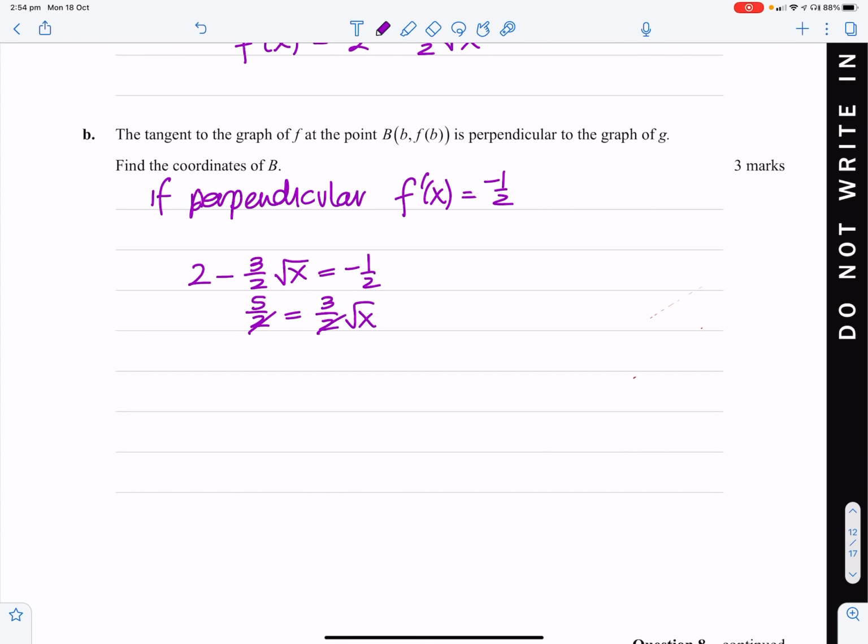We can cancel the 2's. Root x is equal to 5 on 3. So x is equal to the square of these, 25 over 9.